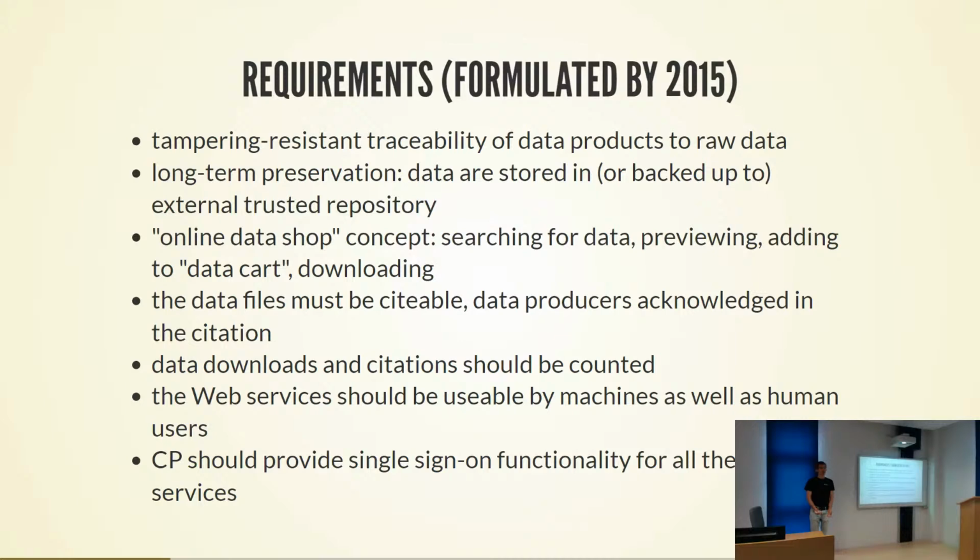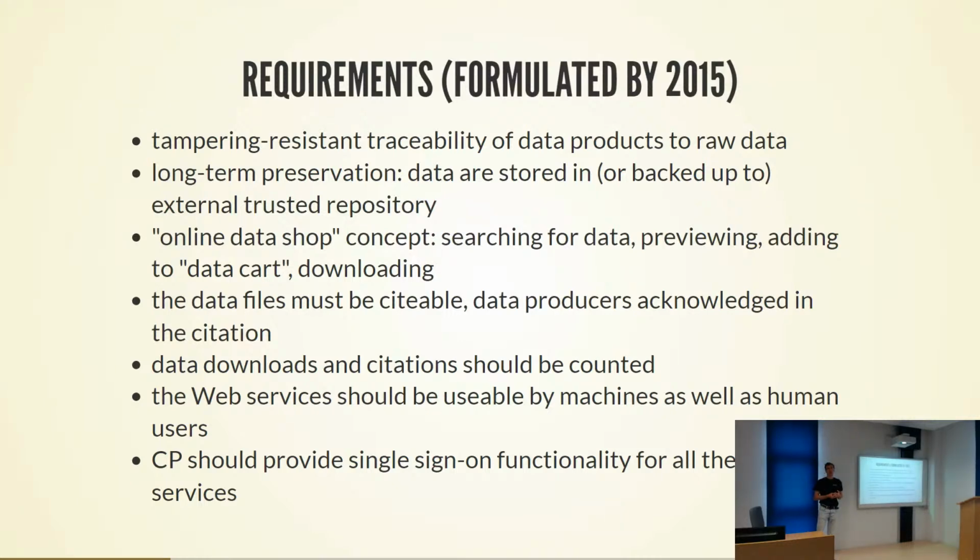Then, of course, we need to do long-term preservation, and the big idea was to have it like online shopping, the way you would go find data and add it to your data cart, and you say, okay, now I want it. But instead of buy, you download, hit a button, and you get it home. That was the original idea. Another important thing is that the data producers, people who work on the data, want to get credit for their work.